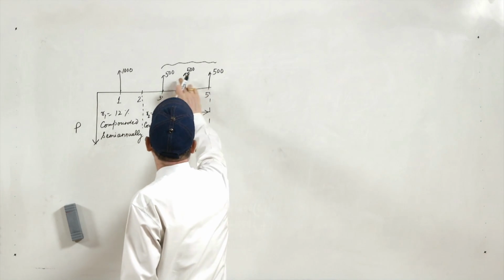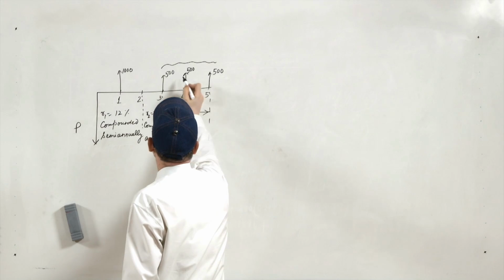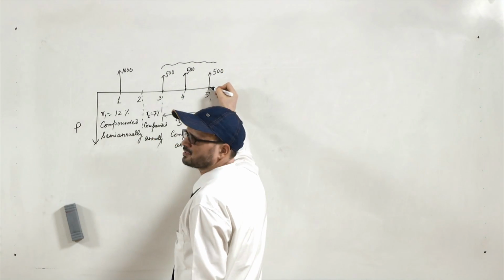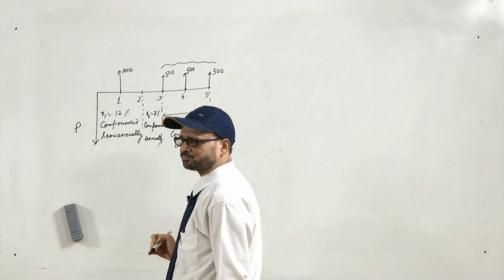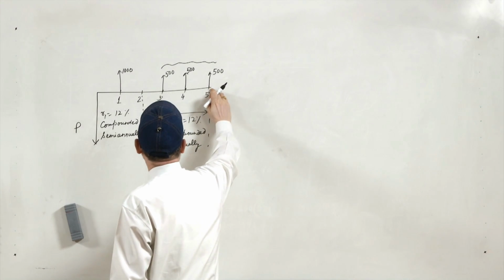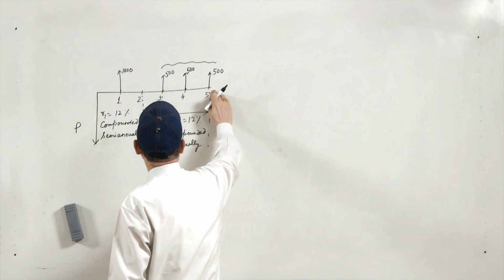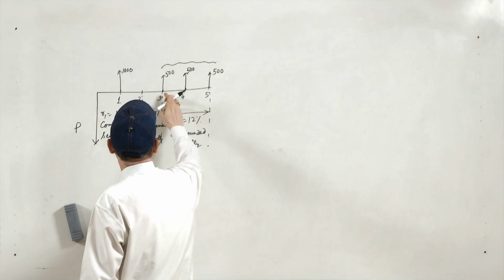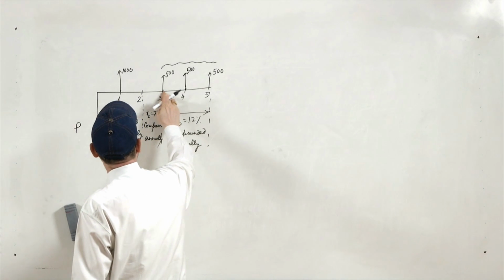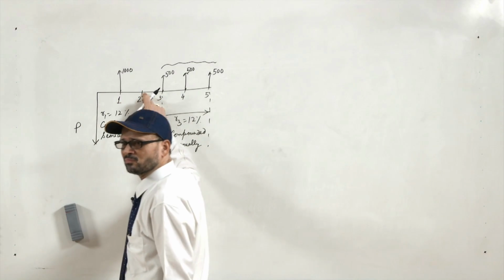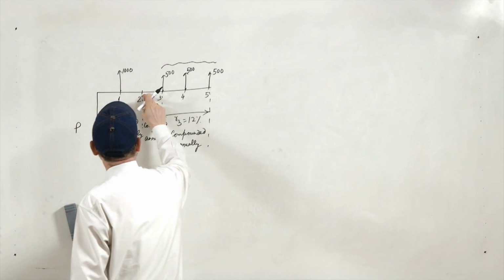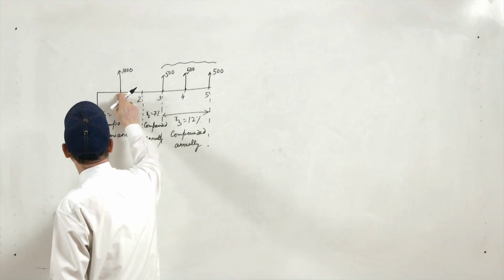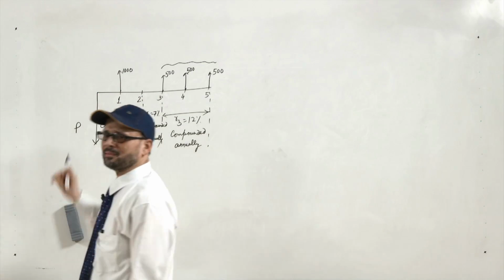So, we have to only use the F by A formula so that we get the equivalent future amount at this time. Now, this amount's equivalent has to be found here, then converted here, and then finally at this time.